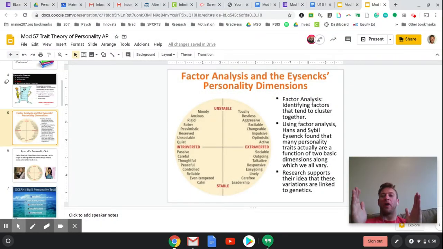This is just one of the other examples like the Myers-Briggs or the MMPI. Factor analysis is we're going to give you a list of questions, and each of those questions correlates to one of these factors. And it kind of gives you a scale of how far you are. Are you right over here? Are you right over here? Way down here? That's what a factor analysis does. It analyzes all the different factors that cluster together.